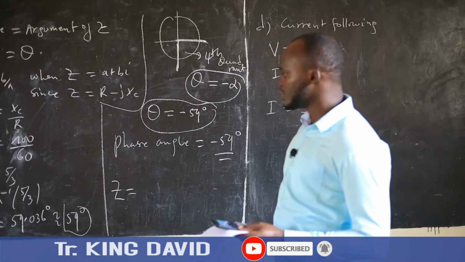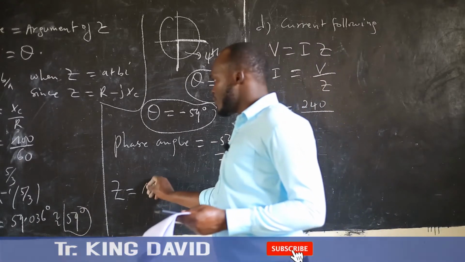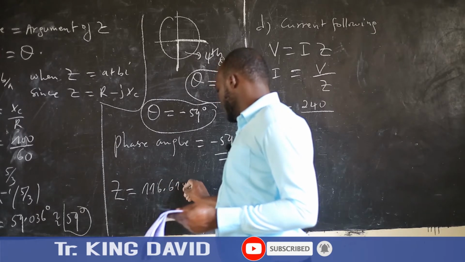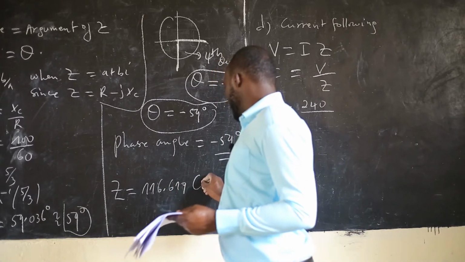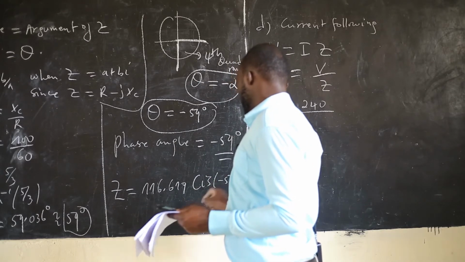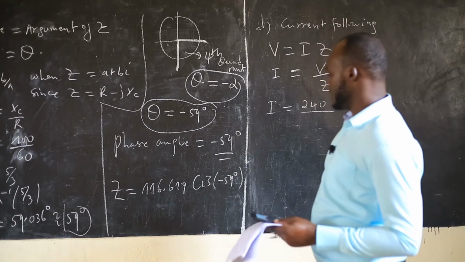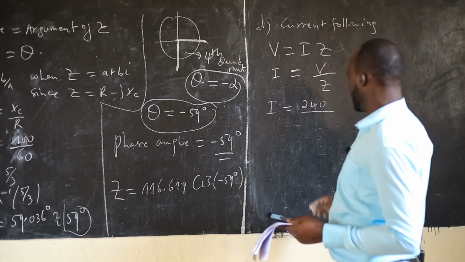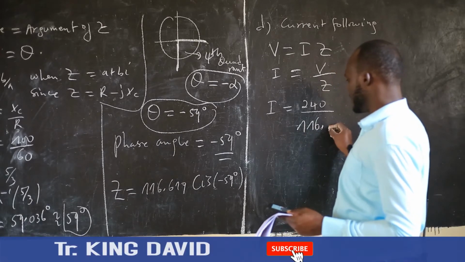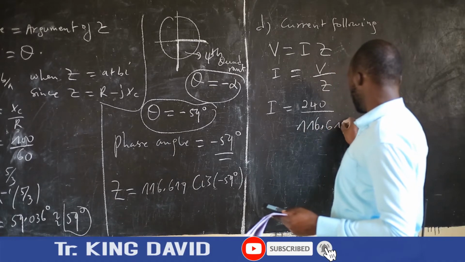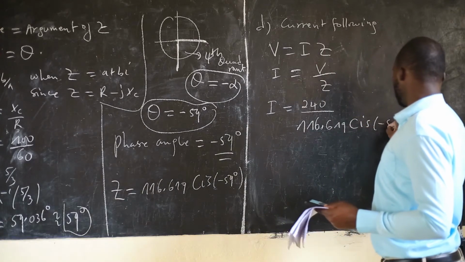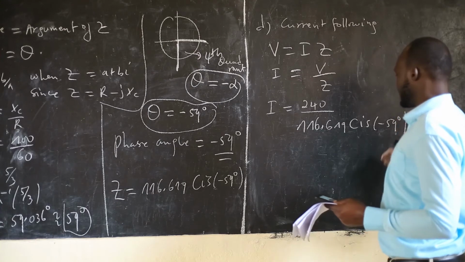Z will be equal to 116.619 cis of negative 59 degrees.